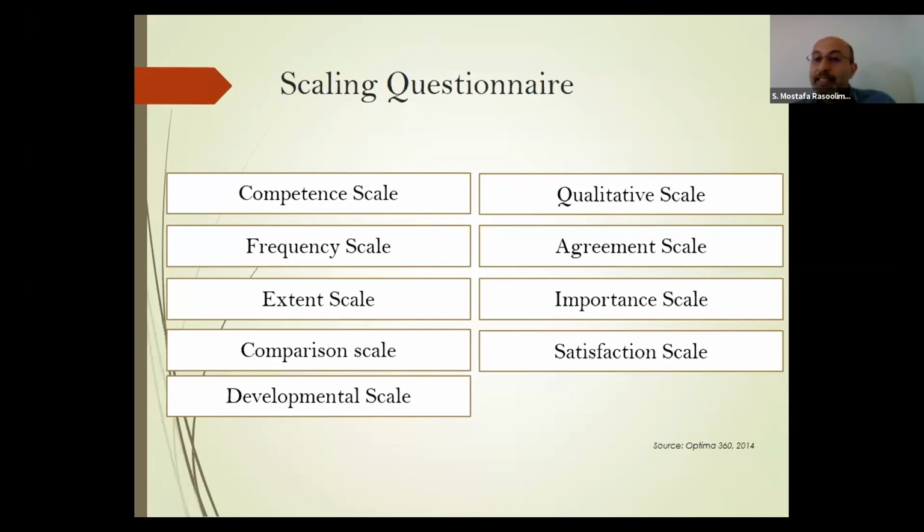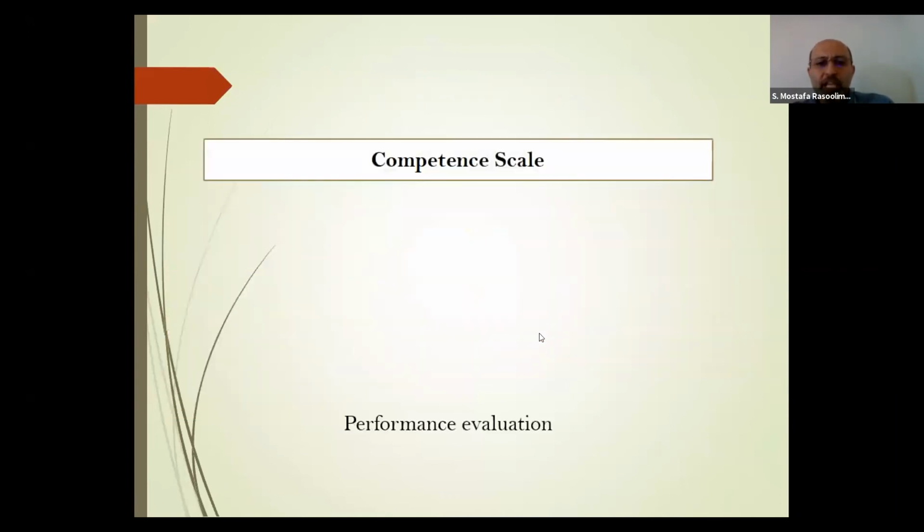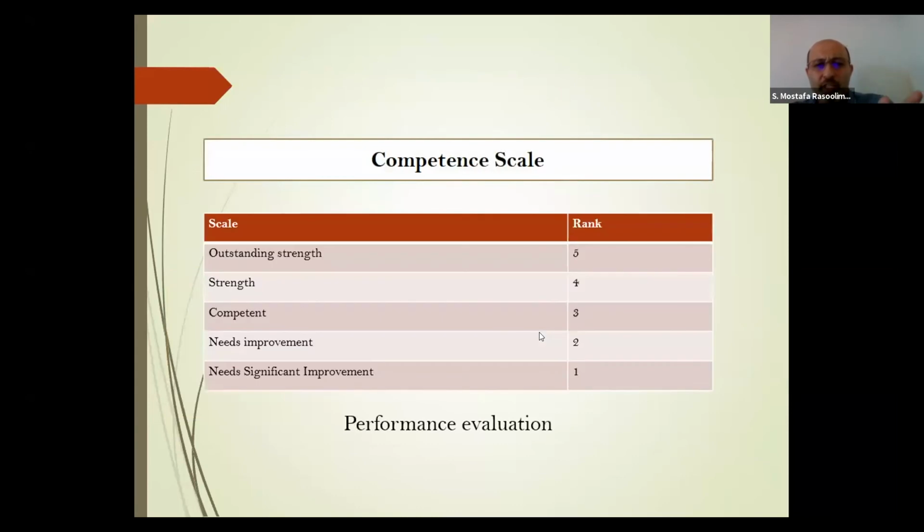So the most common is agreement, but sometimes our study needs different types of scale, for example satisfaction scale, importance scale. Here you can see in the slide, I provided some examples for each scale to clarify this.